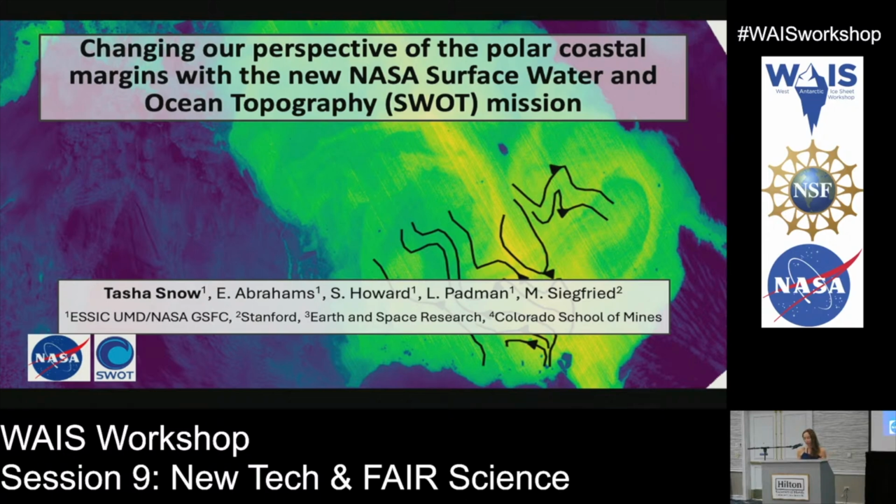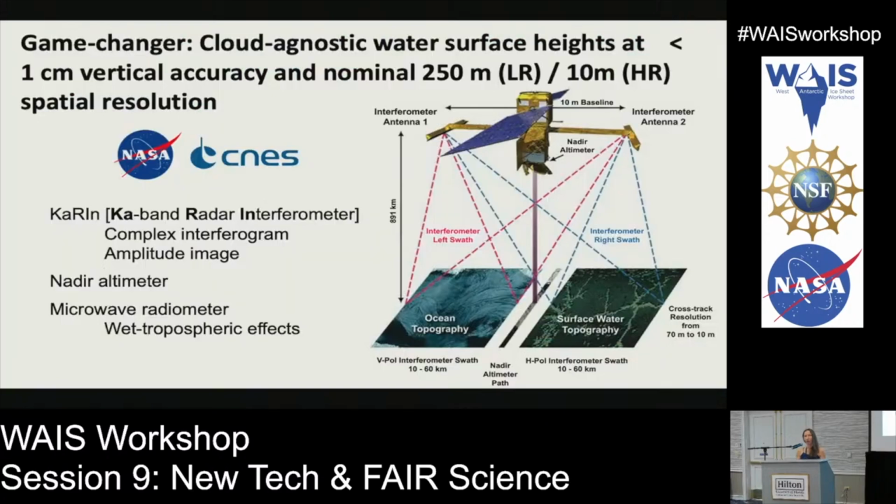So to give you some background on SWOT, if you aren't familiar, SWOT is a joint mission between NASA and the French space agency CNES. It is a satellite that has a Ka-band radar interferometer on board that produces a complex interferogram and an amplitude image.